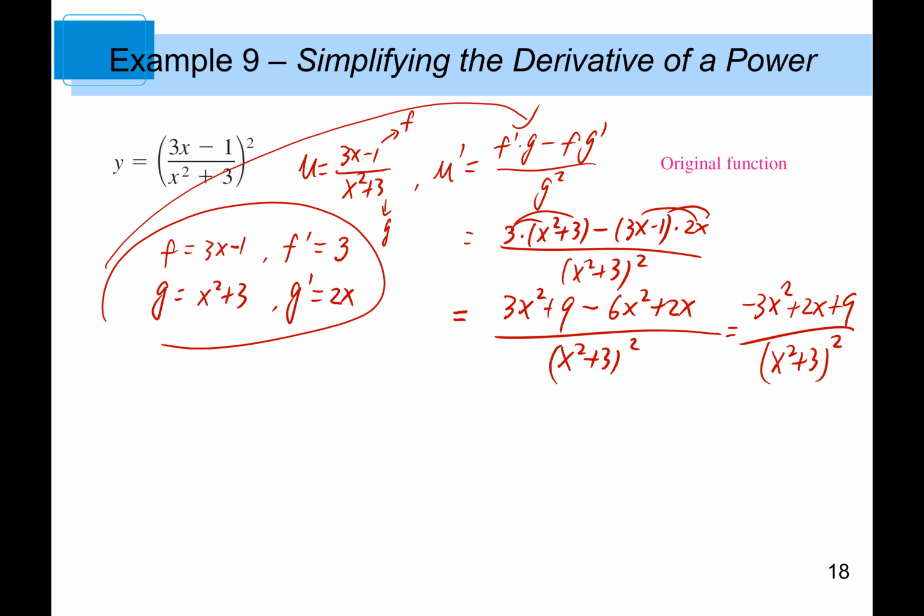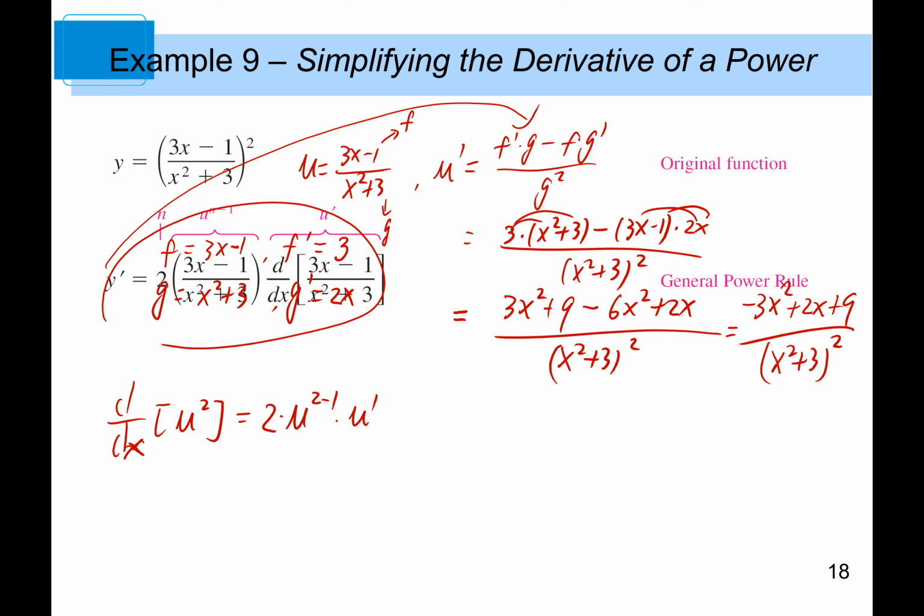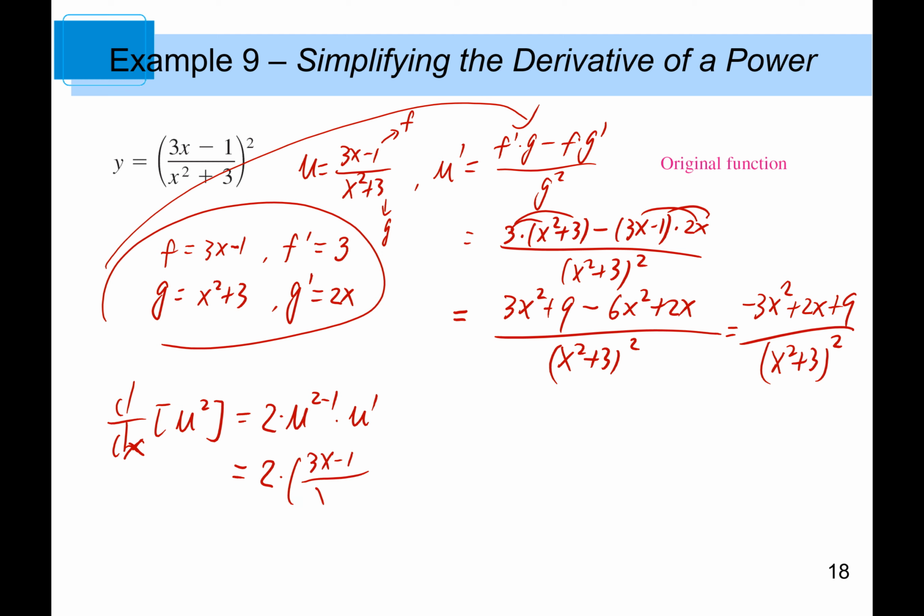So here we're going to use the general power rule, so dx of u to the second equals 2 times u to the 2 minus 1 times u prime. So just replace u and u prime with the given expression, and we're done. So 2 times u is 3x minus 1 over x squared plus 3 to the first, but we omit it, right?